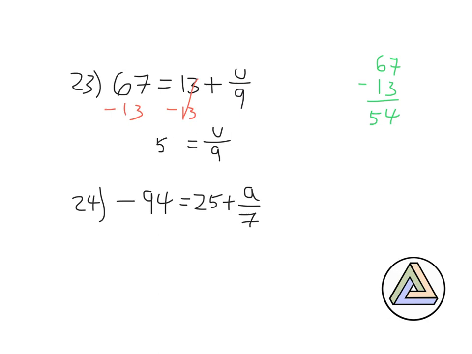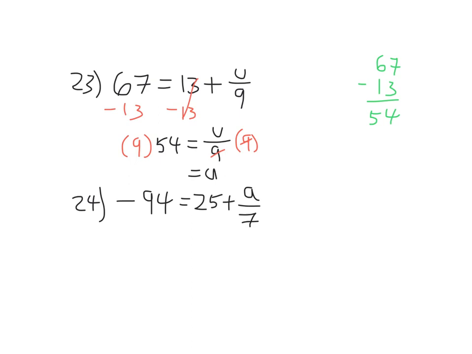So we have 54. Now, in order to get rid of this denominator of 9, what do we have to do? We have to multiply 9 times everything, and that cancels. And then we end up with u equals whatever 9 times 54 is. Now, let's work that out off to the side as well. So, 54 times 9.